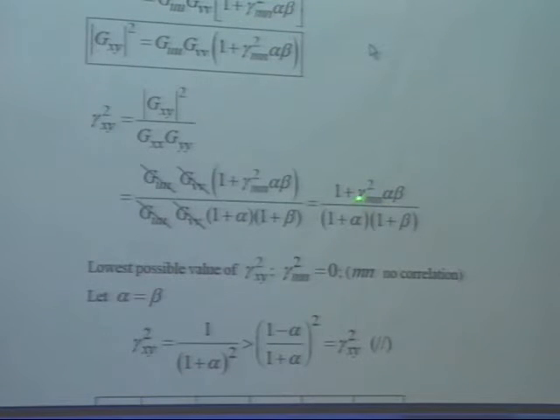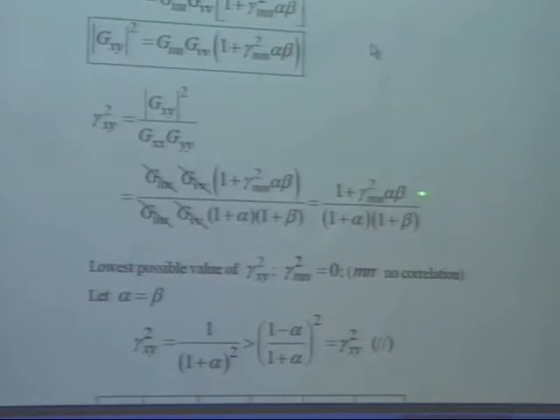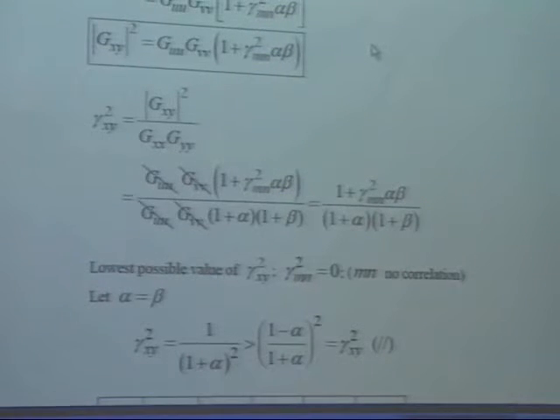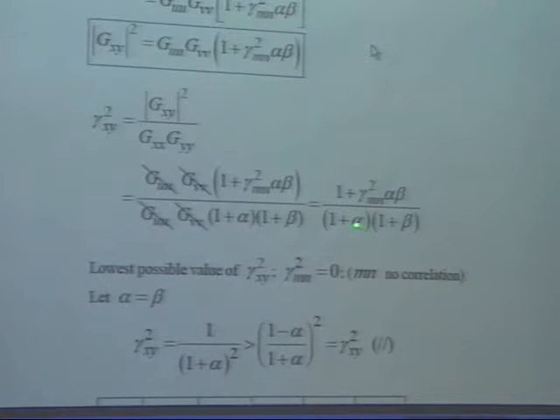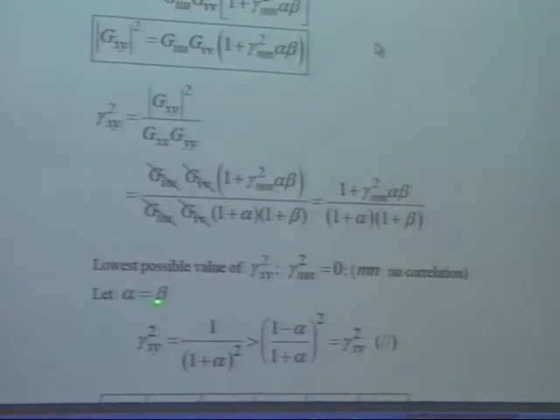If, let's say, gamma mn is equal to 0, that's the lowest value. So set it to 0 and assume alpha is equal to beta because we don't have information.